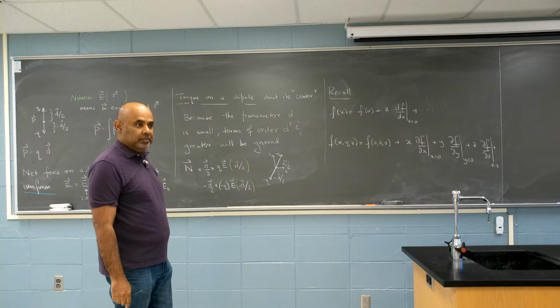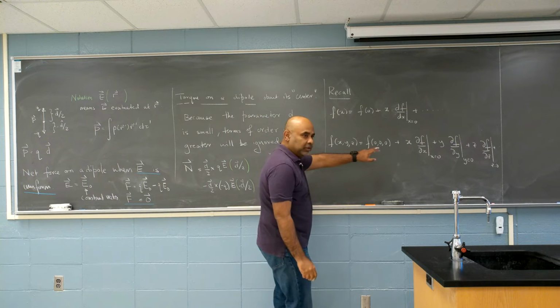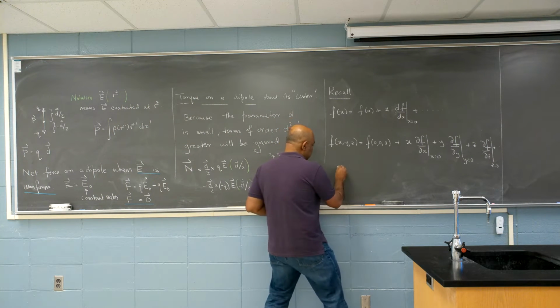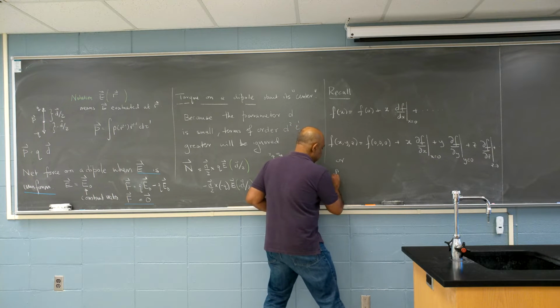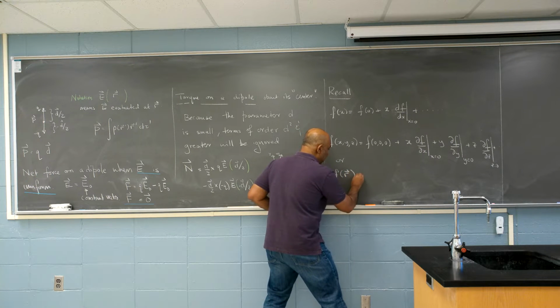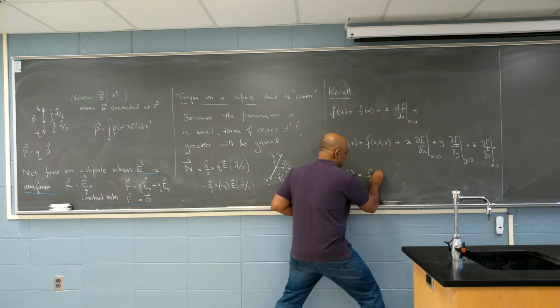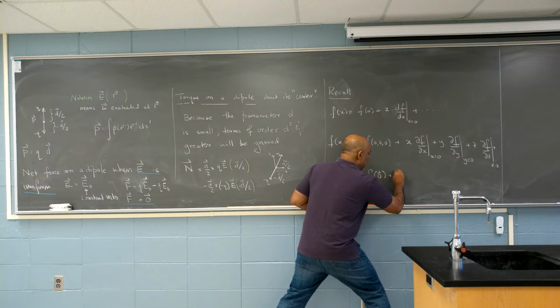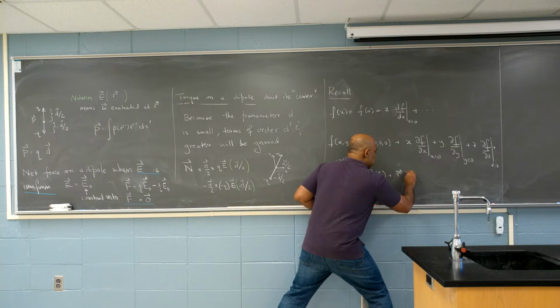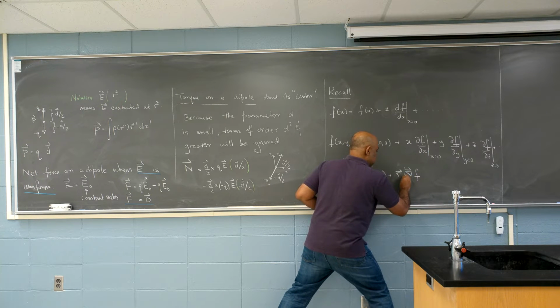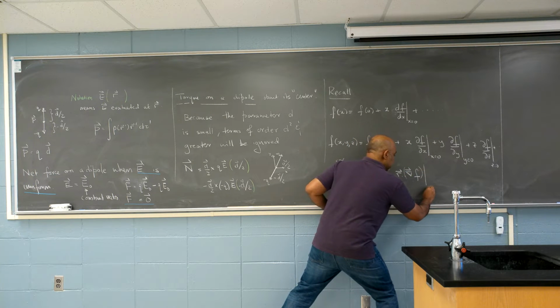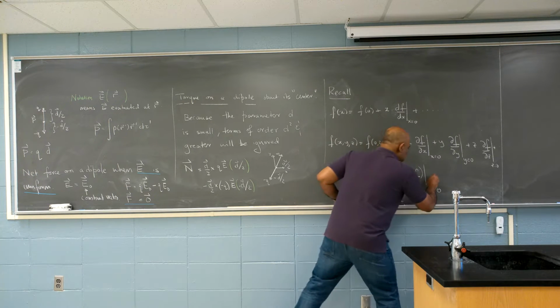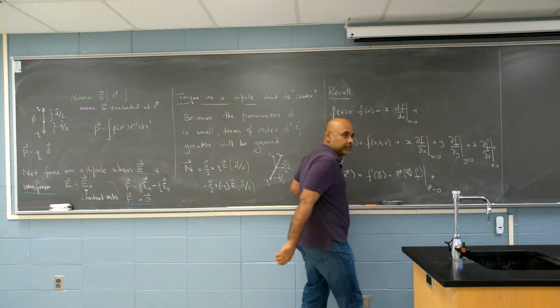Correct? So let me write this vectorially to compactify notation: f of a vector r is f of the zeroth vector plus r dot the gradient of f, except the gradient of f is evaluated at r equal to 0, plus higher order terms.